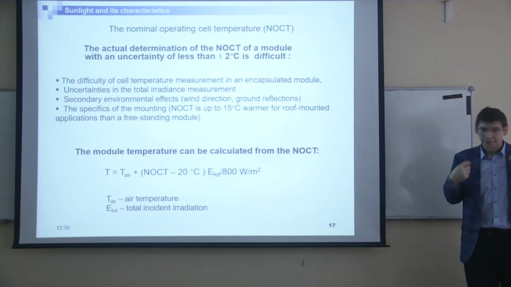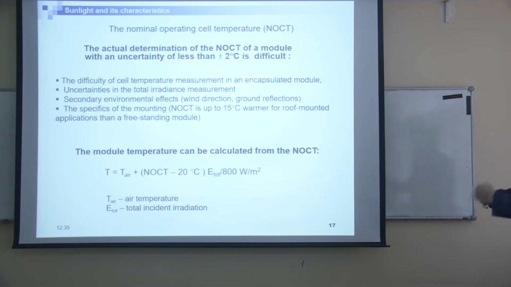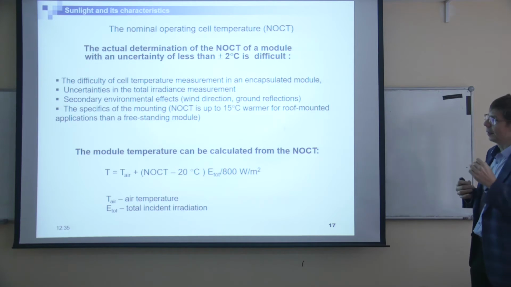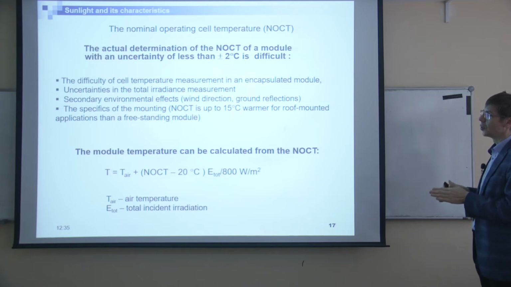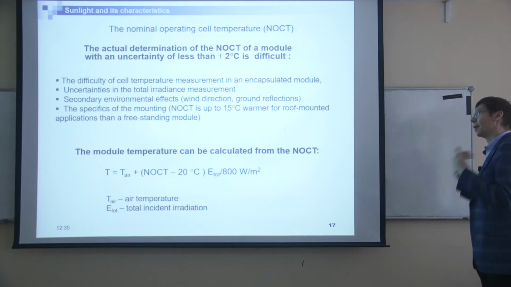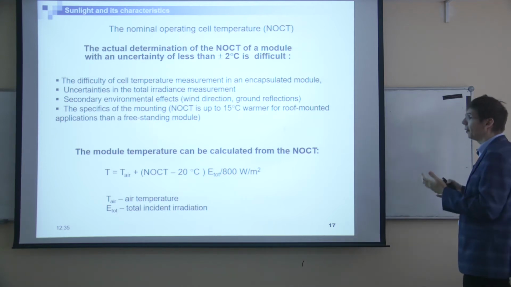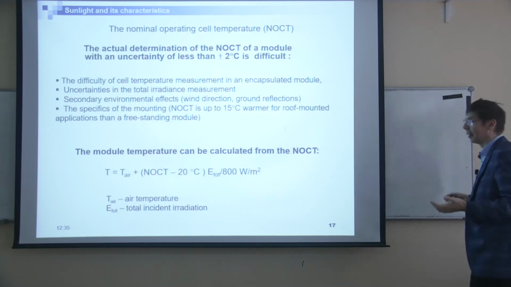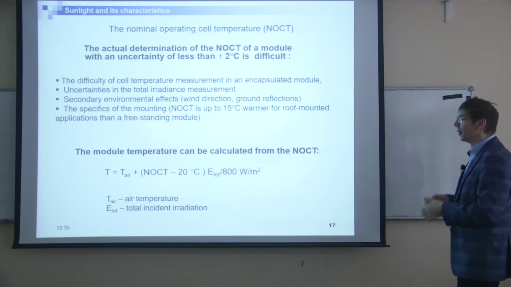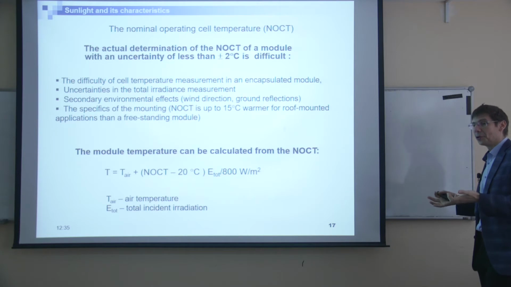So, what is the idea? The idea is to get the value of the temperature of the solar cell which is placed in the real condition, because as I told you, any electrical parameters like open circuit voltage, short circuit current, and maximum power are given for standard condition, but they depend on temperature.